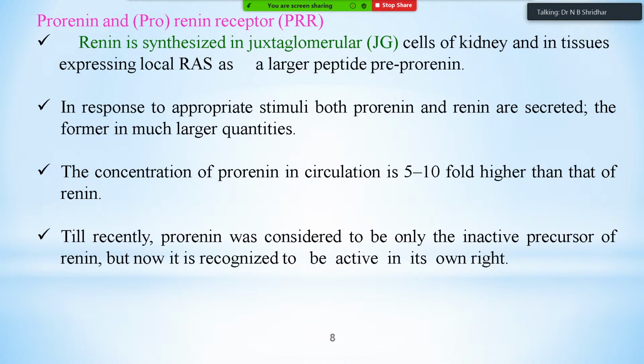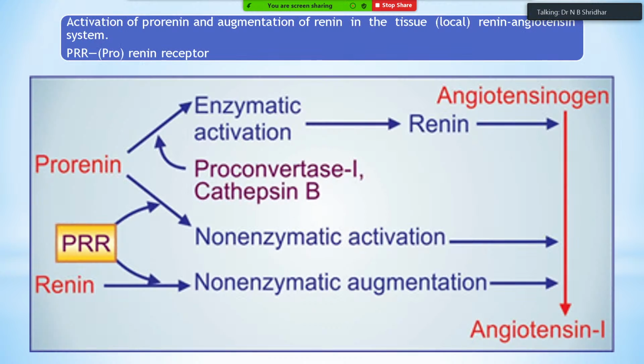Of course, renin is very important in converting angiotensinogen to angiotensin. But now prorenin is recognized to be active in its own right. Earlier it was thought that it is not active, but prorenin is now found to be very active, and activation of prorenin and augmentation of renin in tissues happen by a variety of mechanisms as usual.